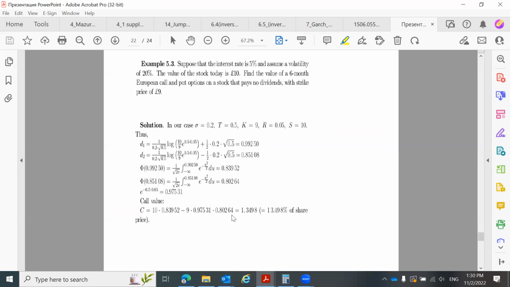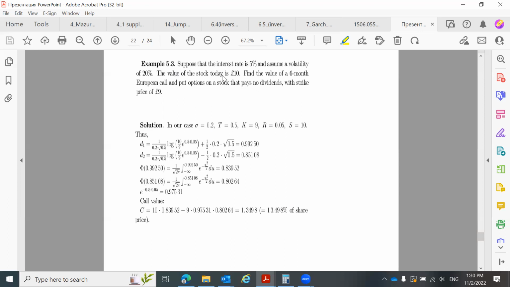And for example, how can we use this formula if we know that the interest rate is 5%. So we write r equals 5%, volatility 20%, sigma 0.2.